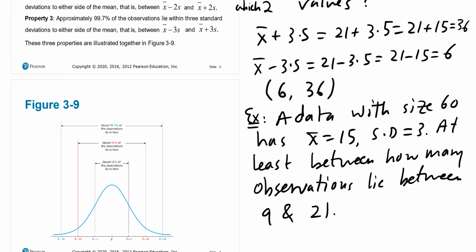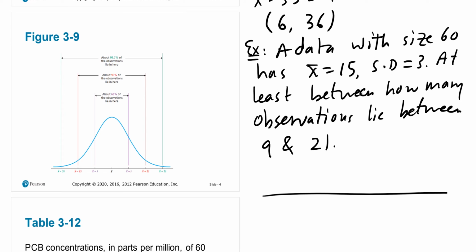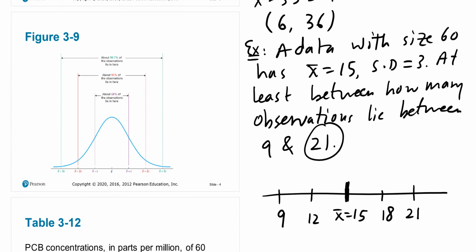The first thing we find is the mean. The mean is 15 and the standard deviation is 3. If you add 3 to 15, that's 18. If you add another 3, that's 21. We reached 21. If you go down by 3, that's 12. Another down by 3 is 9. I see the 9. So notice we are within 2 standard deviations from the mean.